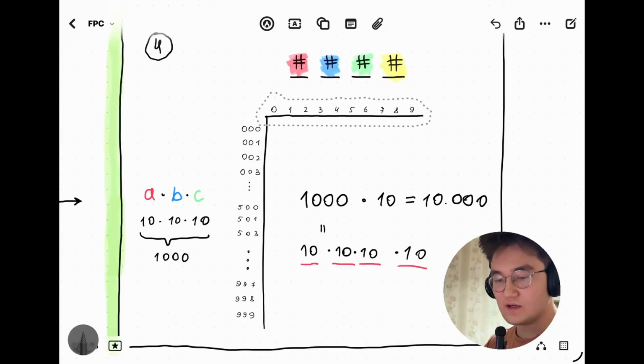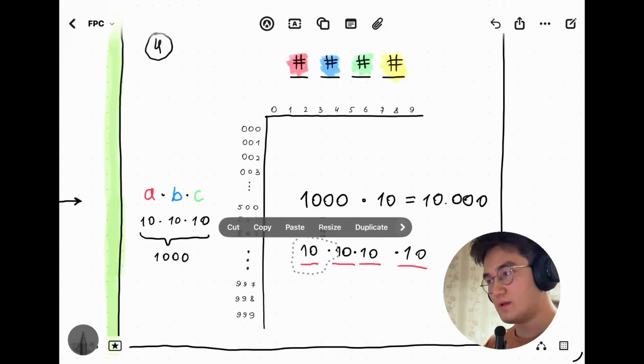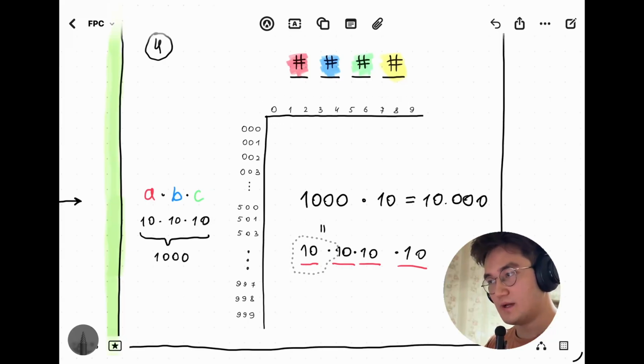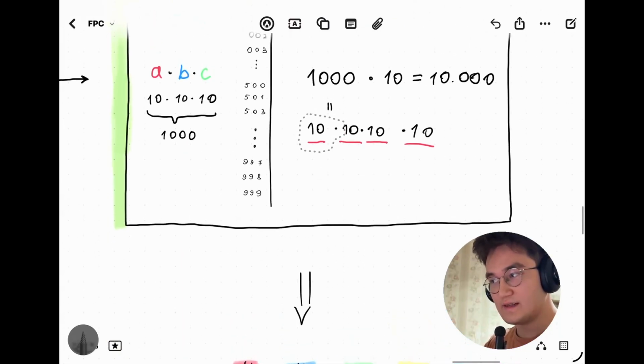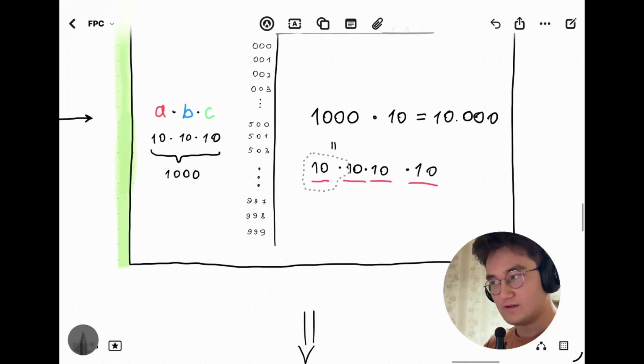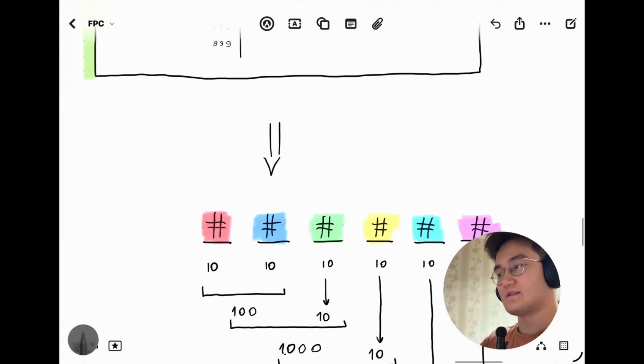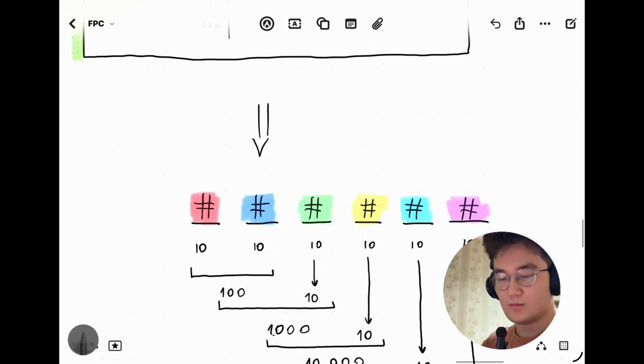You can notice here that it's just 10 multiplied by 10 multiplied by 10 multiplied by 10. We can also write it as 10 to the power 4. If you understand the logic so far, you can solve this problem.